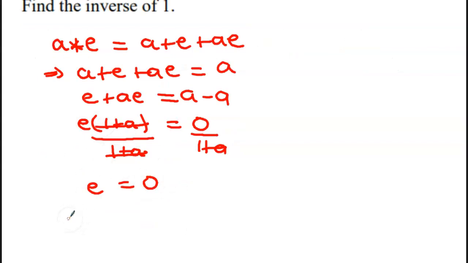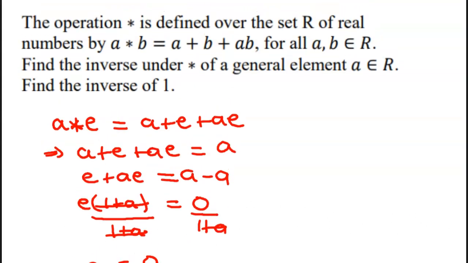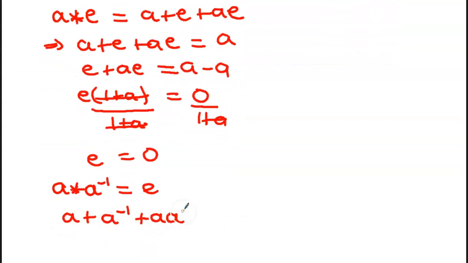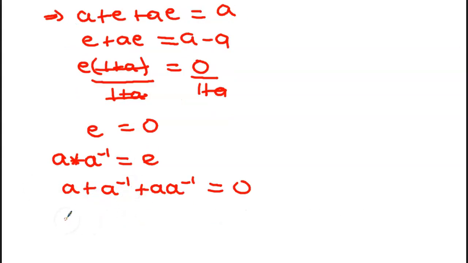We then find the inverse. A star A inverse is equal to the identity element. So by the definition, A plus A inverse plus A times A inverse is equal to 0. So we want to find A inverse.